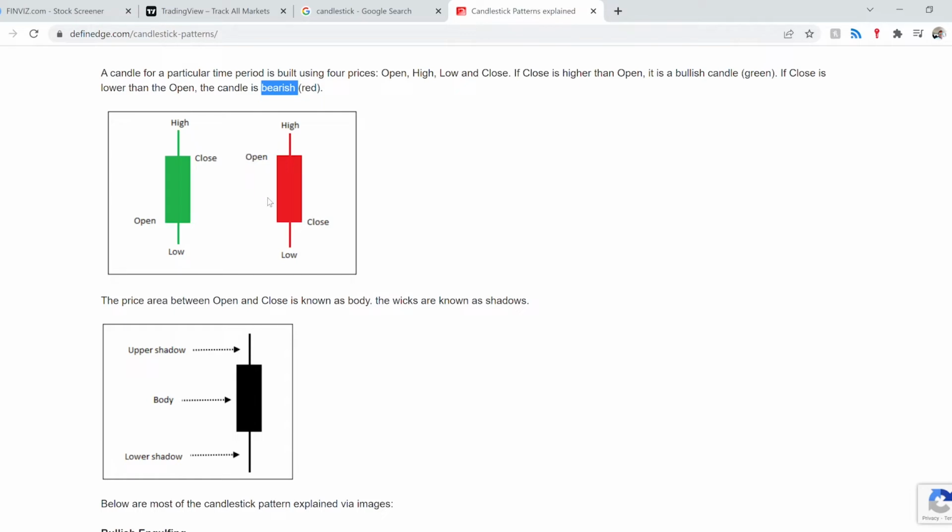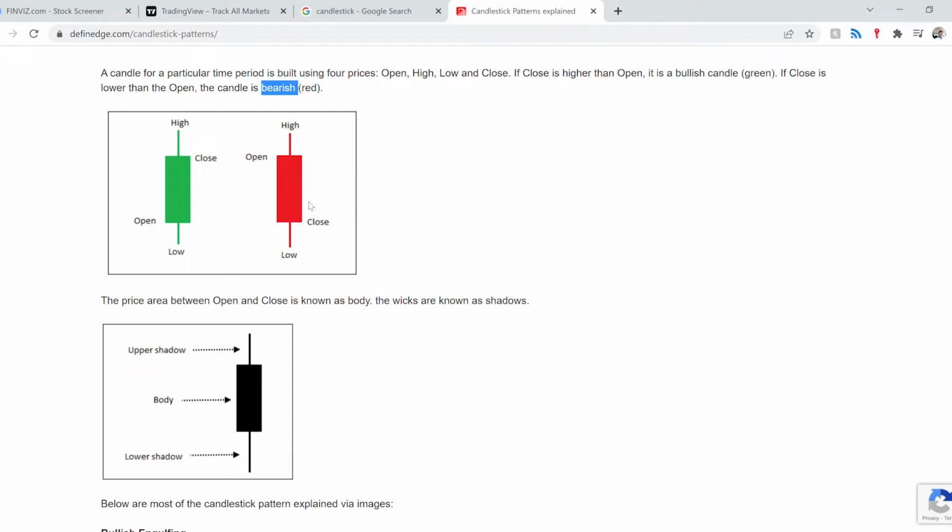So that means with the bearish candle or a red candle, which means the price is going down, the price opened at a certain level and closed lower than the initial price. So those are the two differences. Green is going up, red is going down, and what green is all about is open is below the close, and what red is all about is open is above the close.